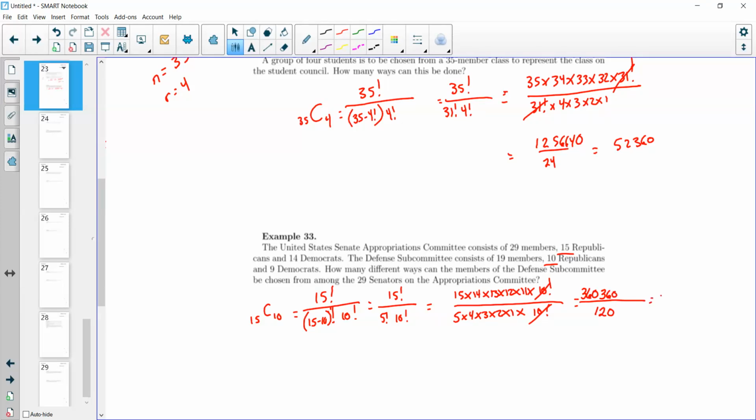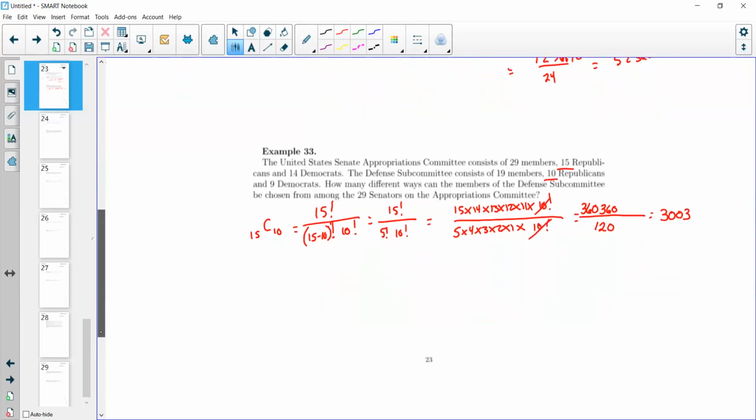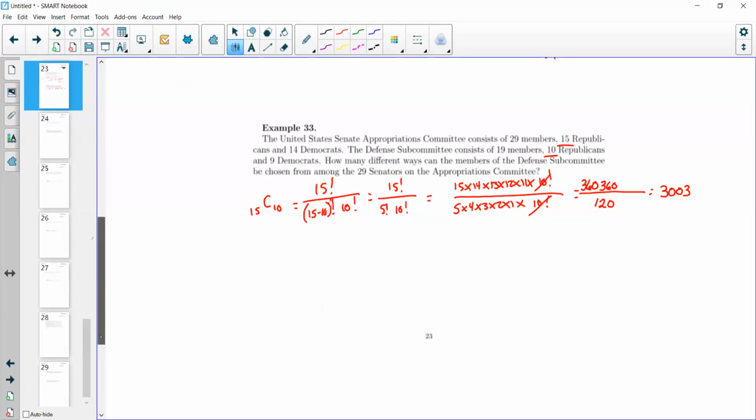So when I do my division, I end up with 3,003. Now that's just the number of ways I can arrange the Republicans in the subcommittee. Now I have to look at the Democrats as well. So this was Republicans. Now we'll look at Democrats.